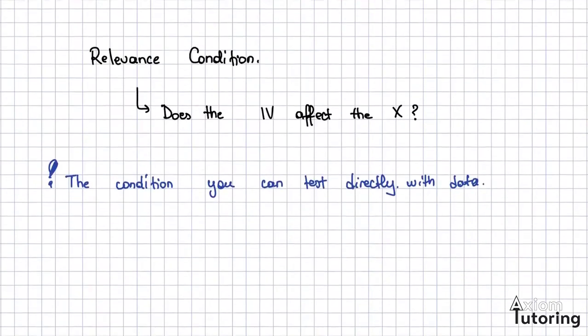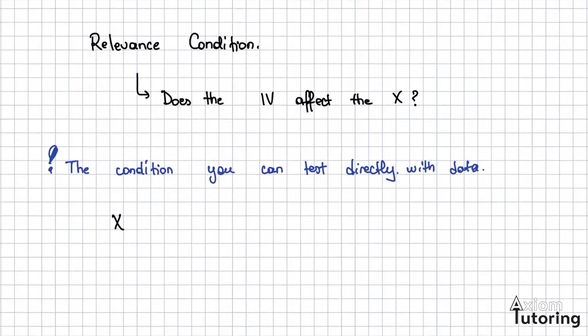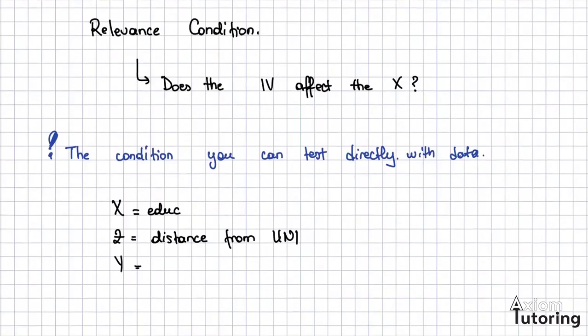Let's keep the same example that we've been using in the previous videos. We're assuming that X is education, Z is our distance from uni, while Y is income.